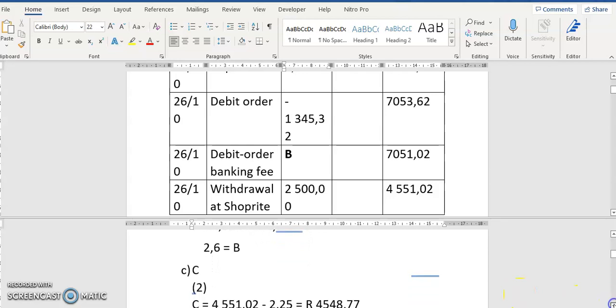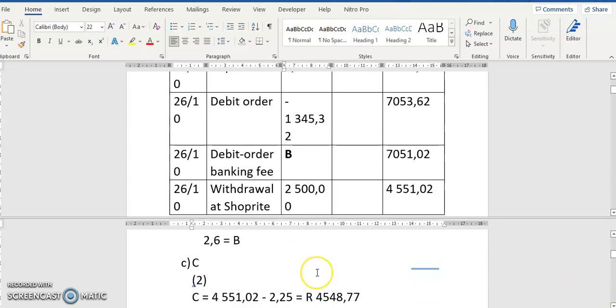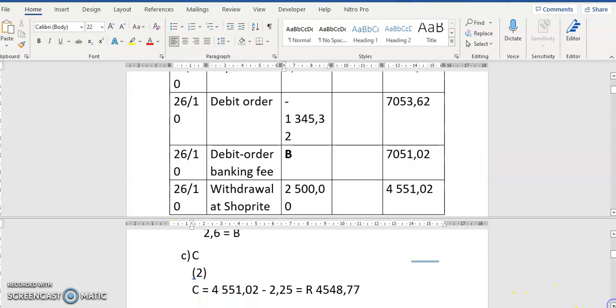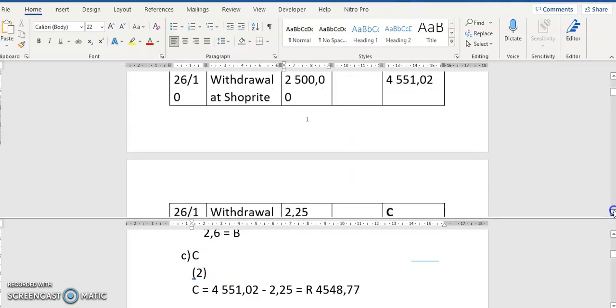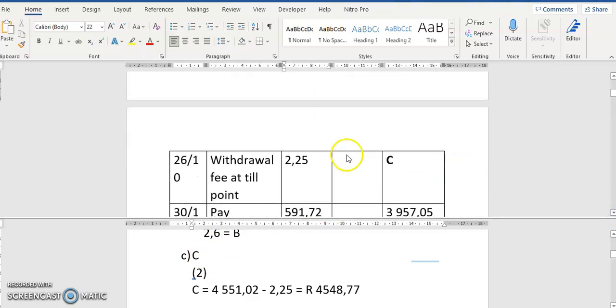Now, the next one. We have C. They want us to find C. How are you going to find C? Let's check C. C is here.